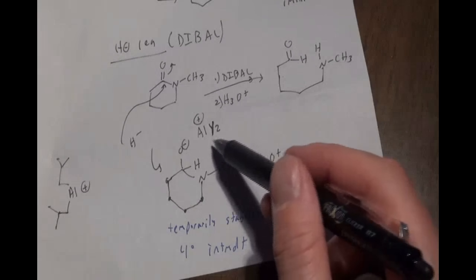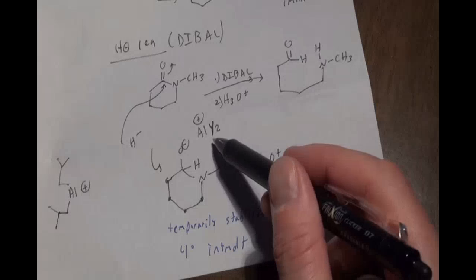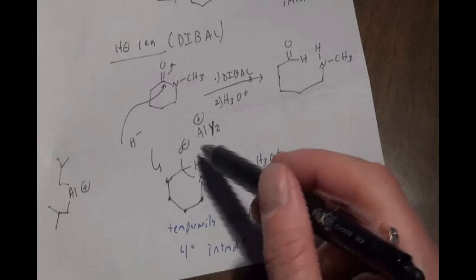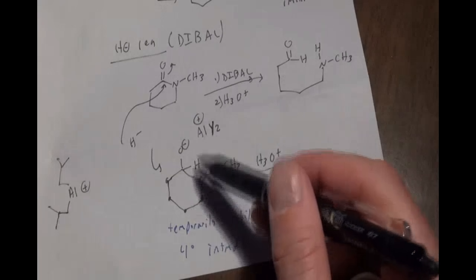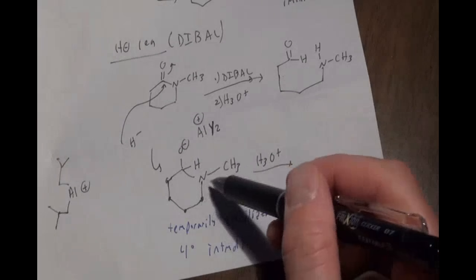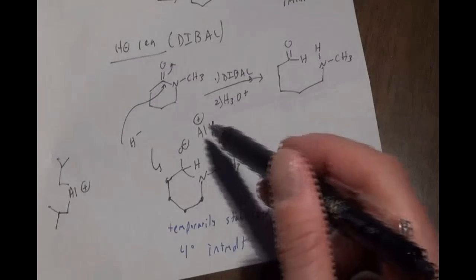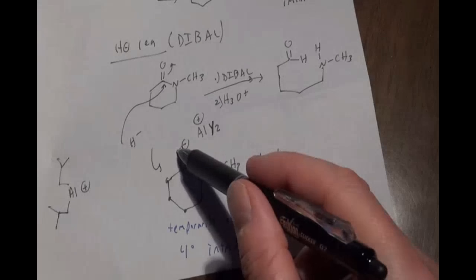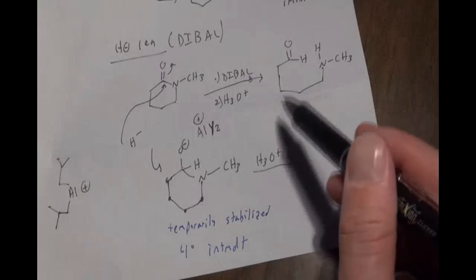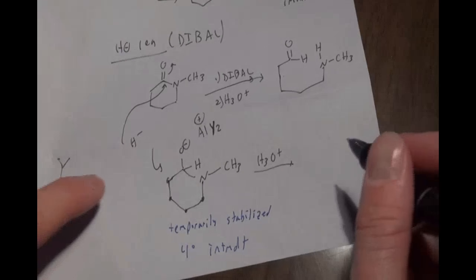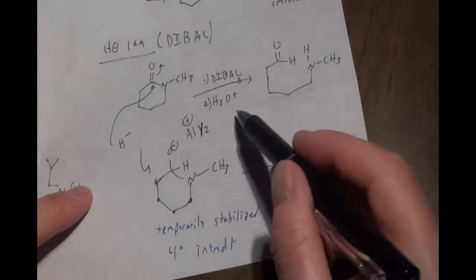Something about DIBAL and the two isobutyls and the electronics around aluminum somehow causes this to not get kicked off as a leaving group. Nitrogen doesn't kick it off, and nor does oxygen swing down and kick off the nitrogen. So this is just stabilized until H3O is added as a second step.